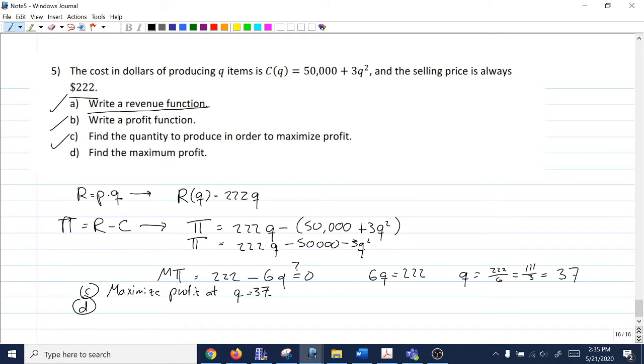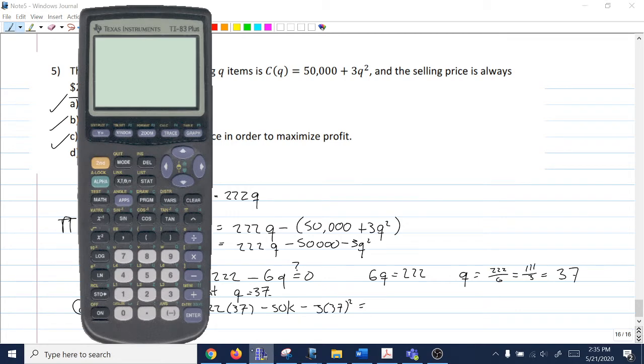D says, what is the maximum profit? I take that number and plug it into the function. What's profit at 37? It's 222 times 37 minus 50,000 minus 3 times 37 squared. What is that, dear calculator? 222 times 37 minus 50,000 minus 3 times 37 squared.